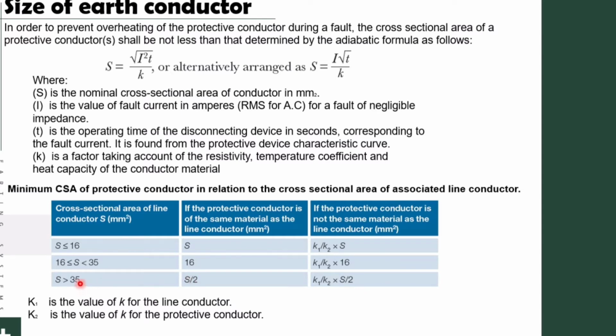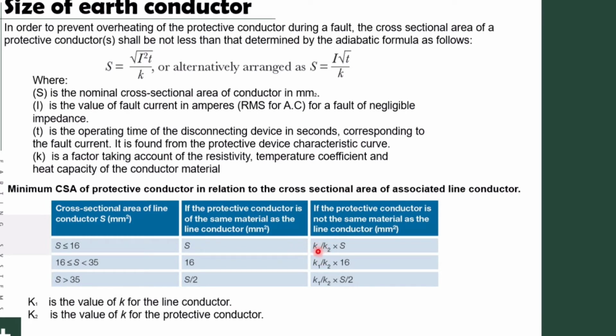That means, suppose I have a 50 mm² line conductor, I will choose a 25 mm² protective conductor; for 70 mm² I will choose a 35 mm² earth conductor; and for 150 mm² I will choose a 75 mm² protective conductor, and so on. This case applies only if the protective conductor is the same material as the line conductor. If the protective conductor is not the same material as the line conductor, then I will choose this equation.